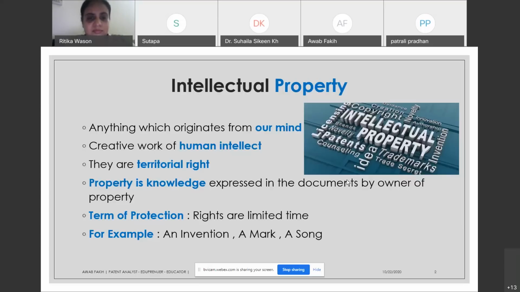Similarly, my dear friends, with IPR, we can sell our IPR, make money from it, trade with it, and also take a loan on it. But the property here, what we are focusing on, is the knowledge expressed in the document by the owner, or we can say the inventor.